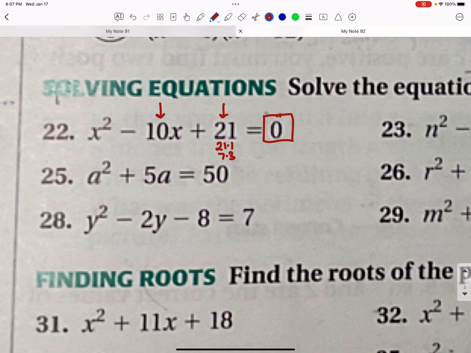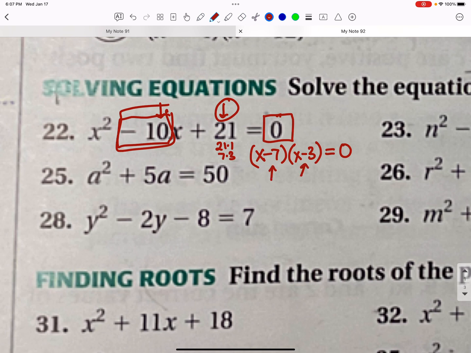Oh, there we go, 7 and 3. But they have to make negative 10, so they're both negative. So x minus 7 times x minus 3 equals 0. And the only way this can equal 0 is if either this guy is 0 or this guy is 0.